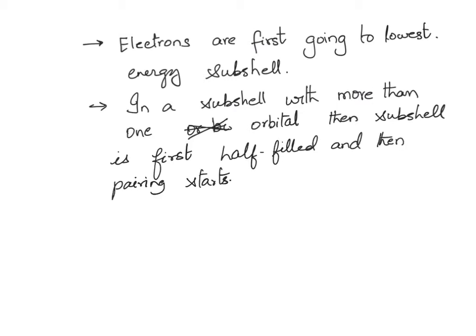So for the vanadium example, what happens here? The whole configuration again is 1s2, 2s2, 2p6, 3s2, 3p6, 4s0, 3d3.